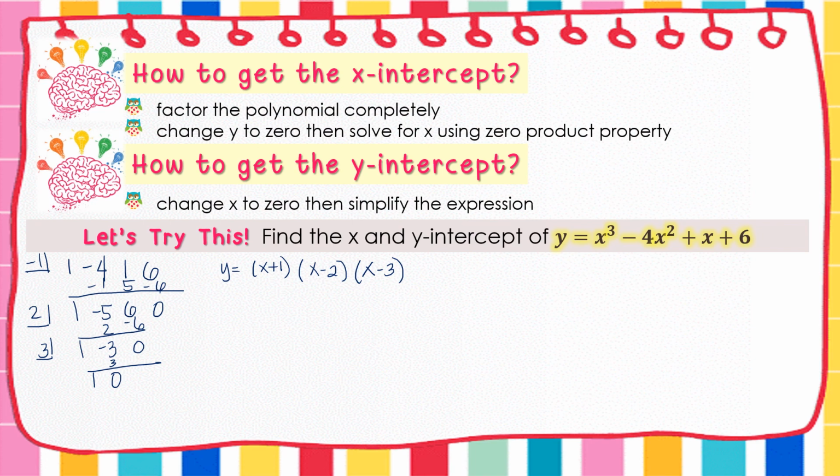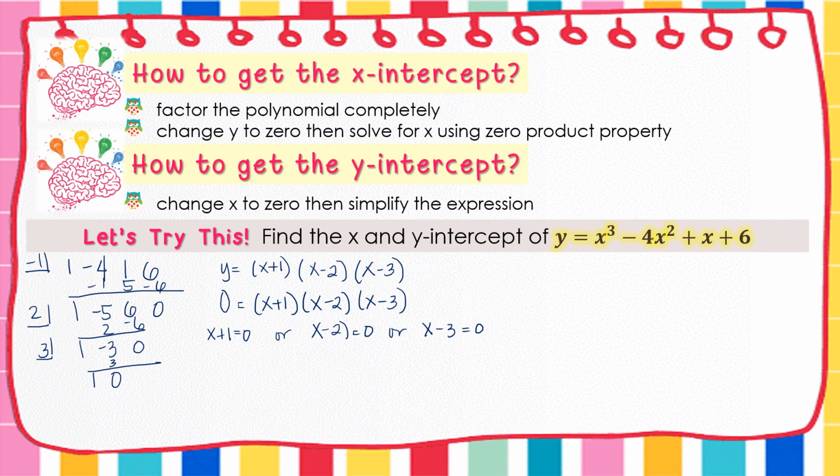Now, next step, change y to 0. Ito magiging 0 equals x plus 1, x minus 2, and x minus 3. So, by ZPP or zero product property, we can say that x plus 1 equals 0 or x minus 2 equals 0, or x minus 3 equals 0.